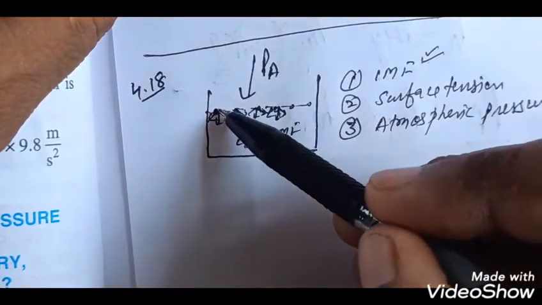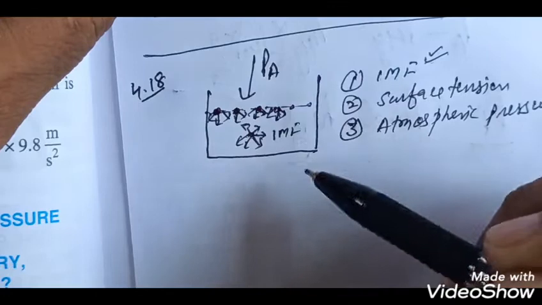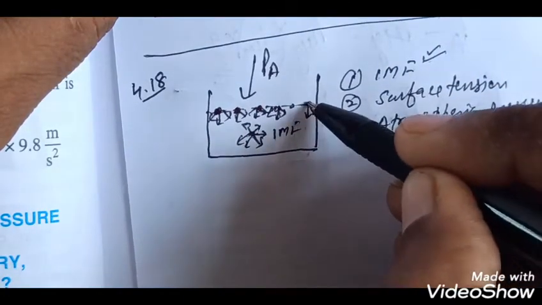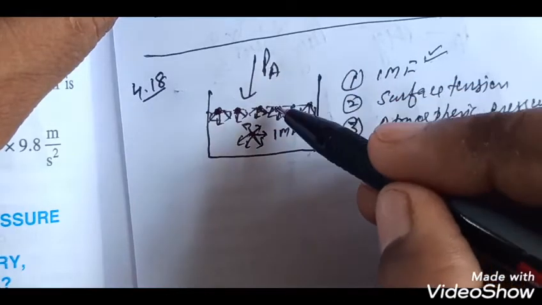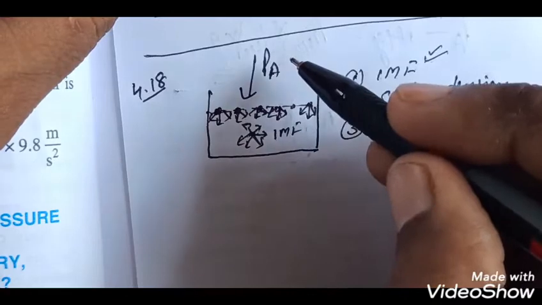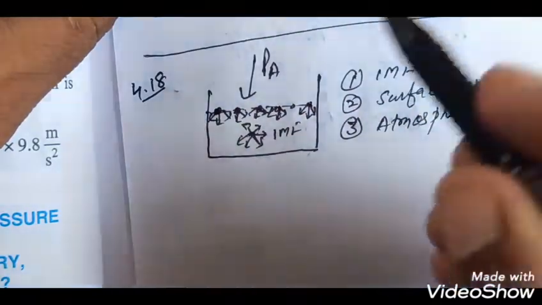Those molecules which reach the surface are attracted downward or sideways only, not upward, because in the upper part there is no liquid here. So how can they be attracted upward if there is no liquid? Intermolecular forces are acting downward only.